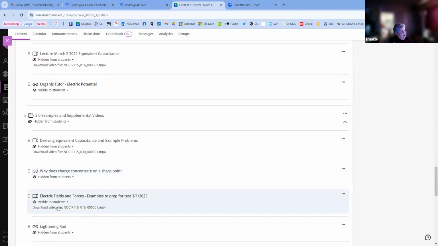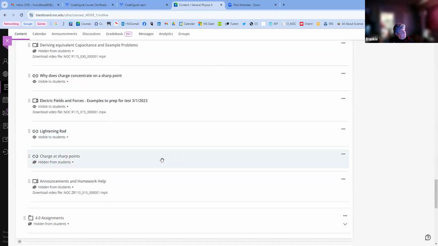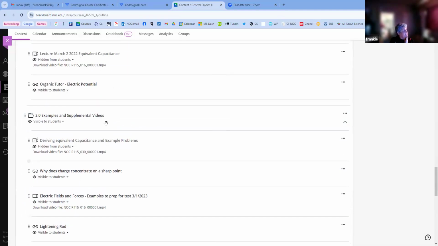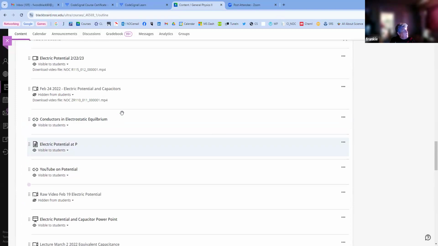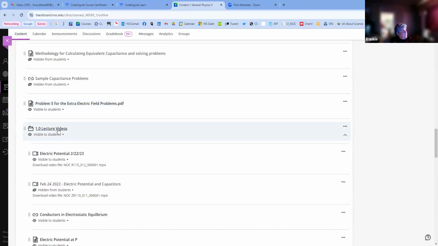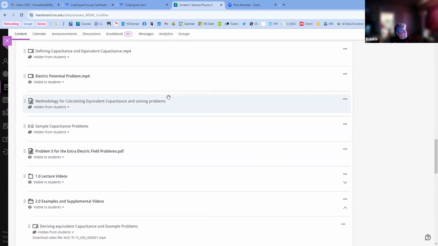So that helps for that. This is some information on lightning rods. This is why the charge concentrates on a sharp point. And there's some extra homework help there. So you've got a lot of extra videos on that.